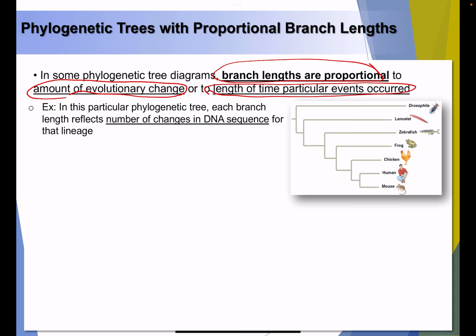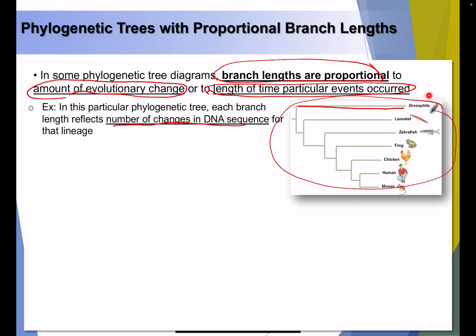So for example, in this particular phylogenetic tree right here, each branch length represents the number of changes in DNA sequence for that particular lineage, or what we call the amount of evolutionary change that has taken place.